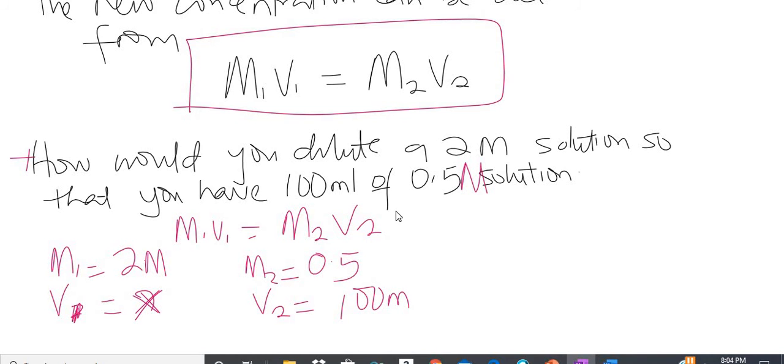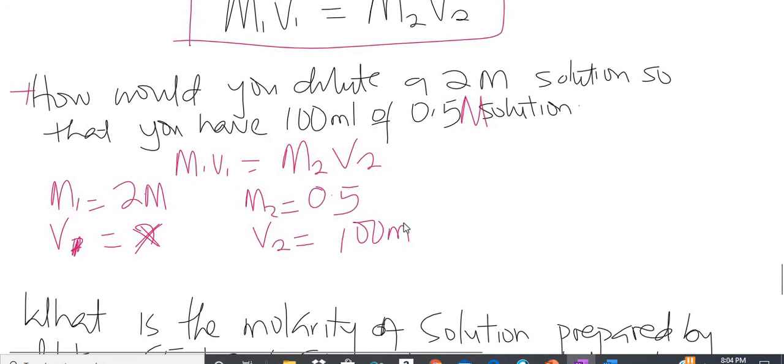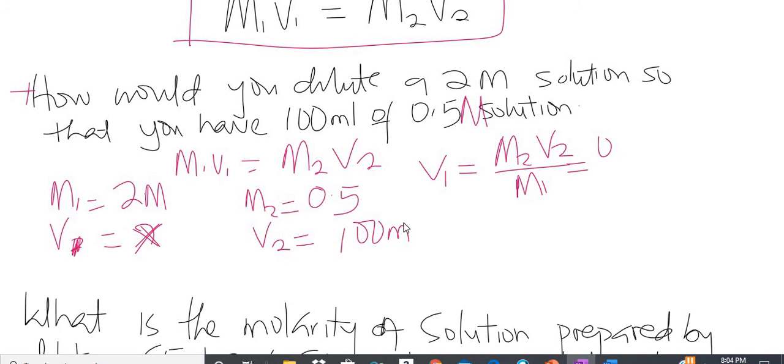So we rearrange this equation and it's going to give us V1 equal to M2 V2 over M1. We plug our values into that, it gives us 0.5 times 100 divided by 2.